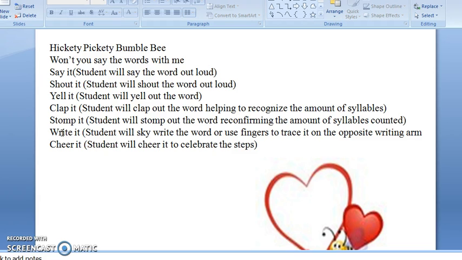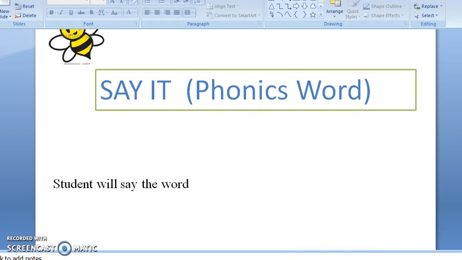And just as an example, as I go through the slide, I'm going to use the word apple. It isn't officially our phonic word for the week, but it's still a word for us to use. So we're going to concentrate on the word apple, which is A-P-P-L-E. Students will start out by saying, Hickety Pickety Bumblebee, can you say the words with me? And then I would say it.